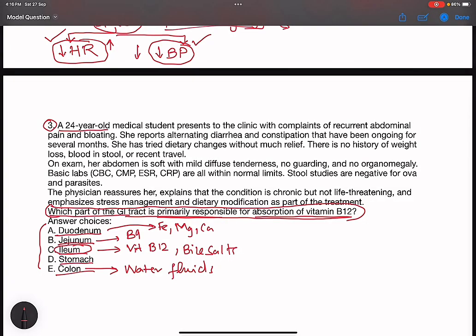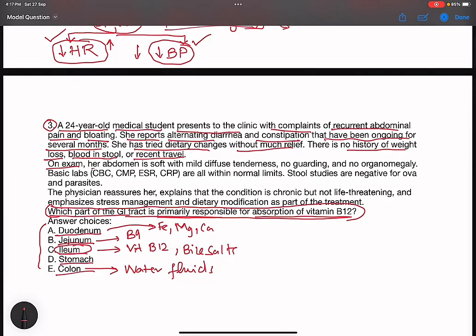A 24-year-old medical student presents to the clinic with complaints of recurrent abdominal pain and bloating. She reports alternating diarrhea and constipation that have been ongoing for several months. She has tried dietary changes without much relief. There is no history of weight loss, blood in stool, or recent travel.